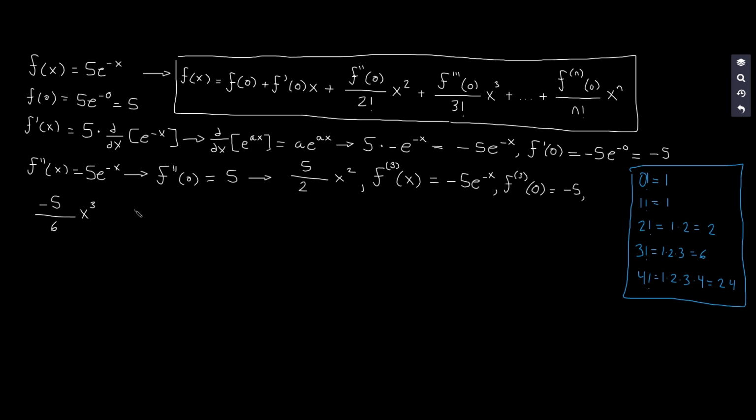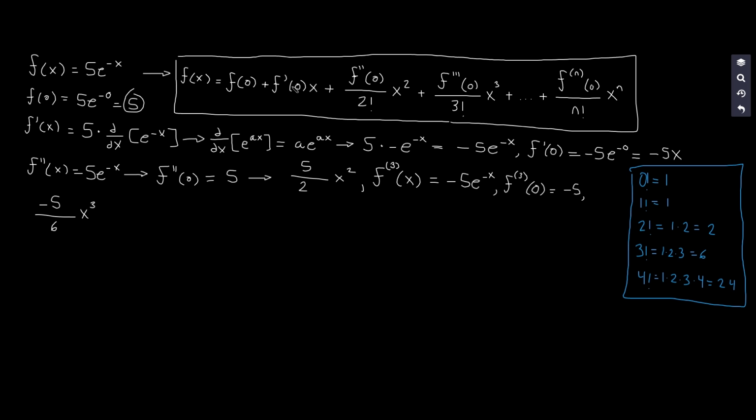And so the first non-zero terms of the Maclaurin series: f of 0, which is going to be 5. And then the second non-zero term is going to be f prime of 0, which is going to be -5. Oh, my bad. I'm so sorry, you guys. This is actually supposed to have an x right here, right? Because we're supposed to plug that back into this.